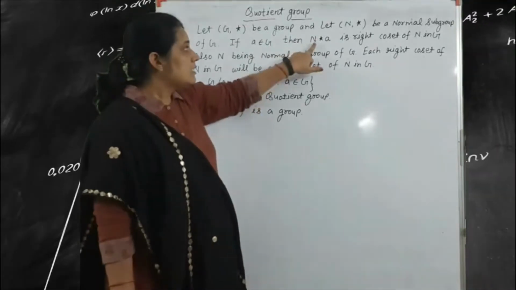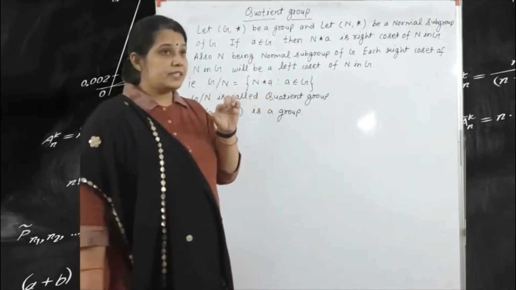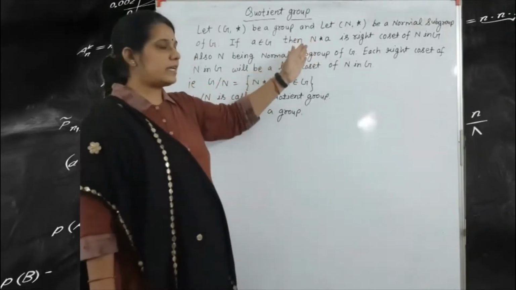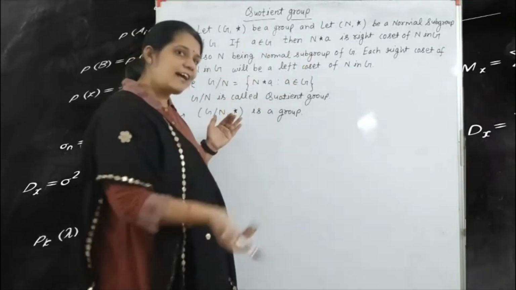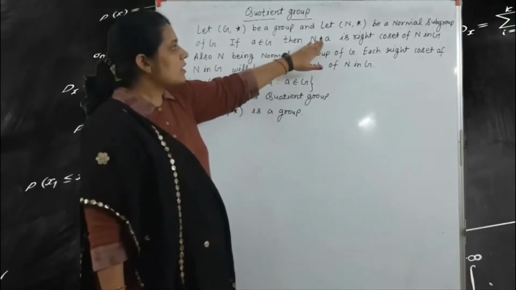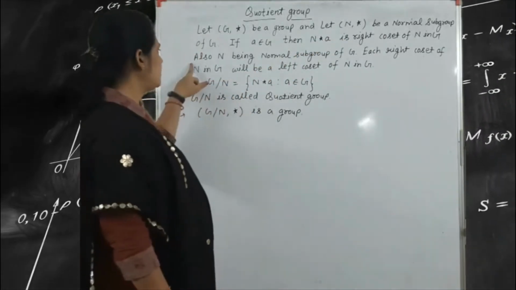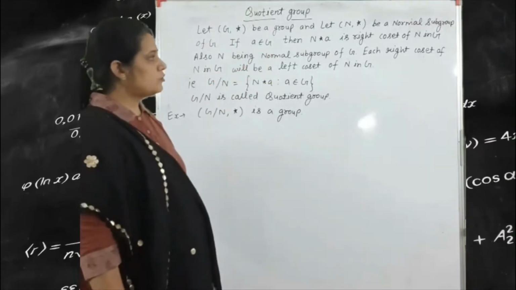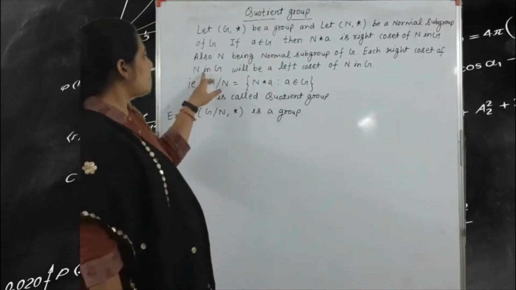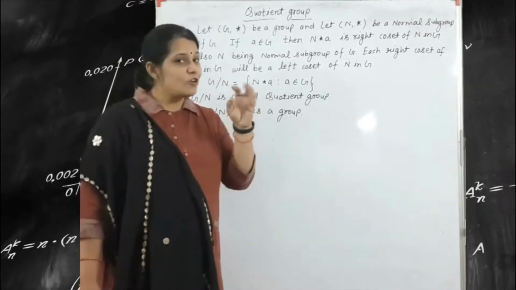In that time we considered the subgroup capital H, but here we consider capital N, so capital N we write here on the left hand side. So this is exactly the right quotient. N star A is the right quotient of N in G. Also, capital N being a normal subgroup of G, each right quotient of N in G will be a left quotient of N in G because N is a normal subgroup.